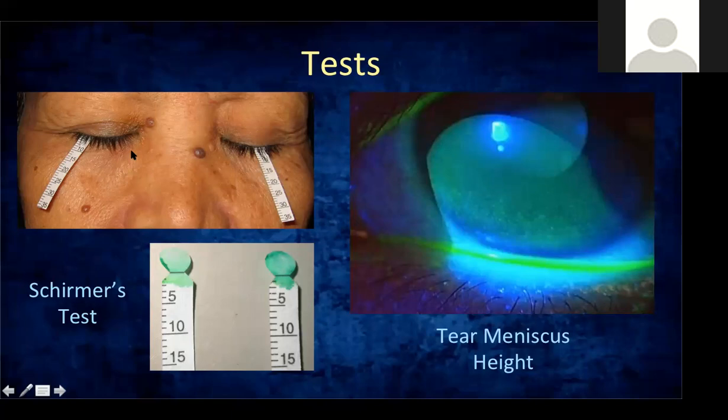We actually fold this tip and we ask the patient to close their eyes. Sometimes it's okay even if they're open, but usually their eyes are closed. We insert it here in the lateral portion. Of course, there's a type of Schirmer's where we put anesthetic.